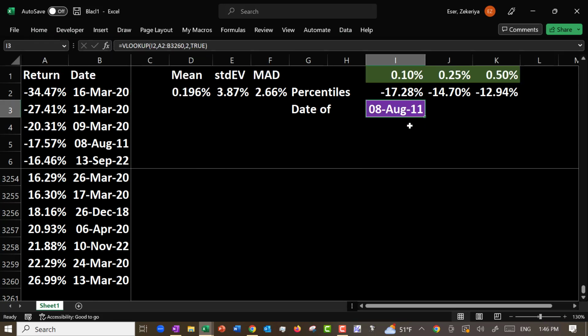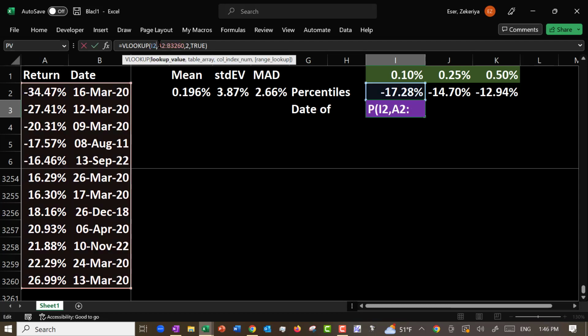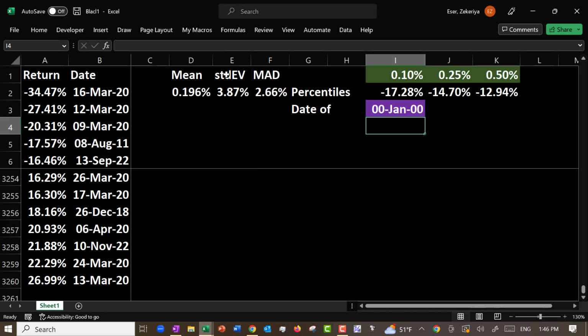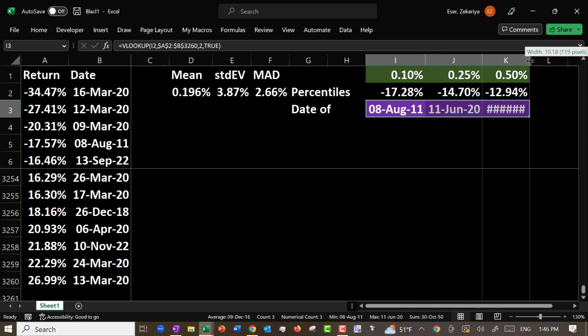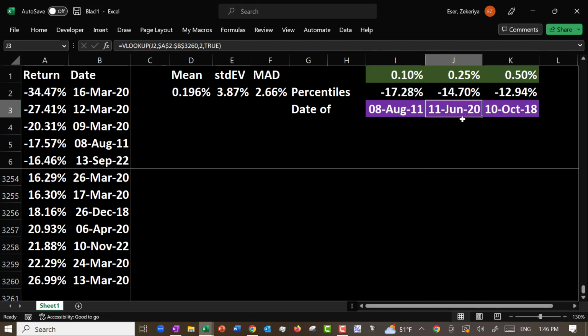For example, on August 8th, you had a return something like that. Fix these. The dates of those are not too important, but as examples, you had returns closest to that.